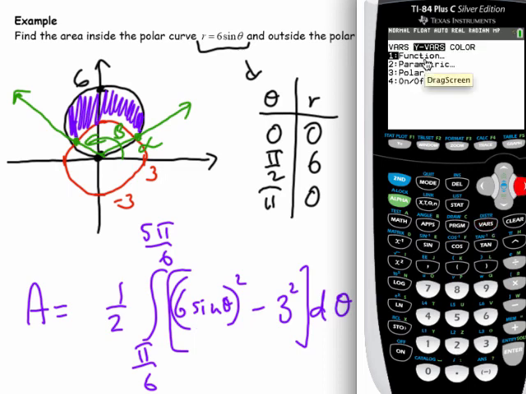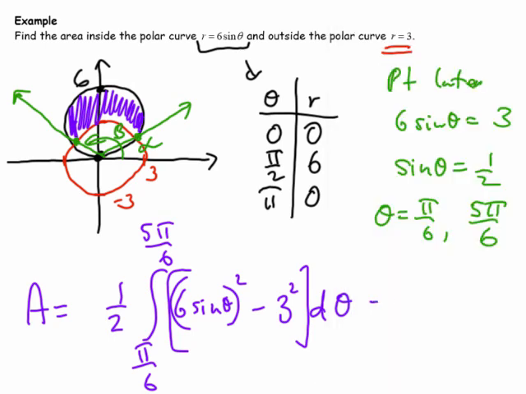So over to variables, and I'm using polar, number 3, R1 squared minus variables, polar R2 squared with respect to theta, and that's coming out to 17.219 is the area in blue. Approximately 17.219.